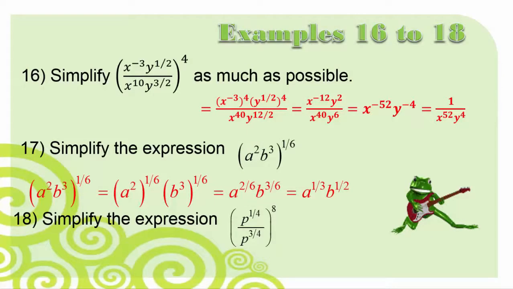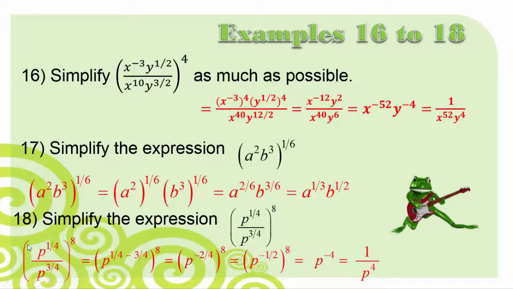Reviewing what we just did on the whiteboard, we did the subtraction, and we subtracted the exponents, and we got p to the 1/4 minus 3/4. And since these both had 4 in the denominator, it was relatively easy to do the subtraction.